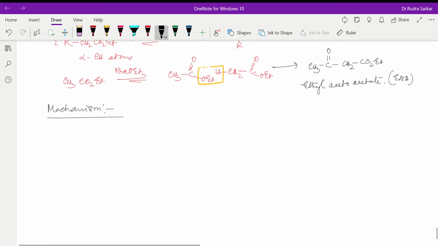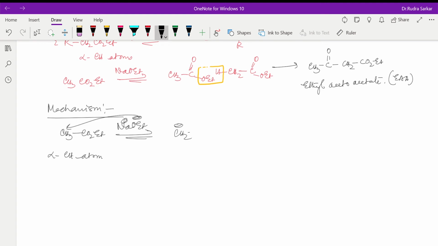Let's go for the mechanism of the reaction. Now suppose you have CH3CO2ET and you're using NaOET. Here is your base. So this will be abstracting the alpha CH atom, leading to the formation of a carbanion, which now gets resonance stabilized in this manner.